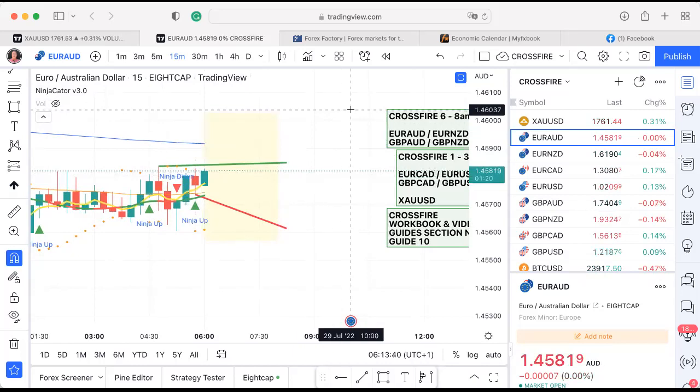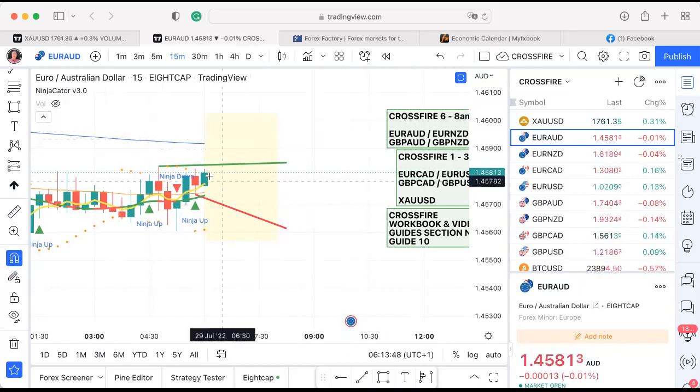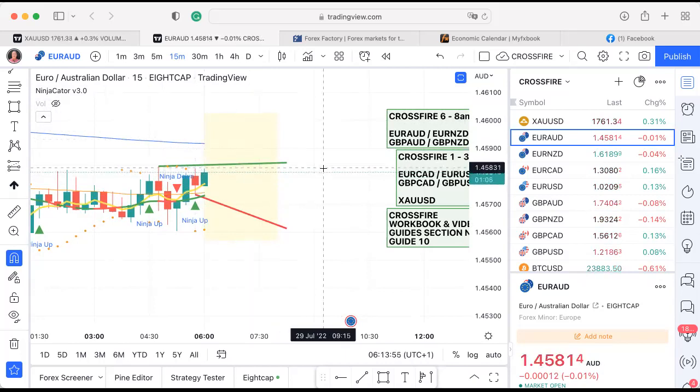I mean, I may be slightly wrong, but as I said before, you don't have to be totally accurate with these trend lines. But that one does seem to be equal. If I just put my dashed line across the top of that green candle, you can see they're virtually equal, aren't they? Yeah. So I would disregard that first one. I would go to the second one.